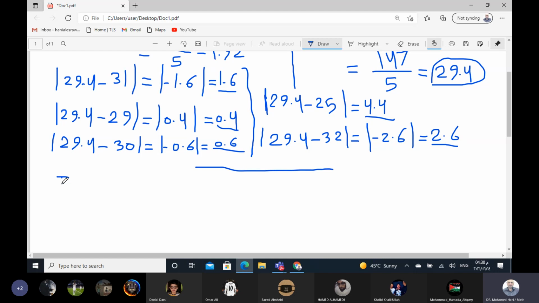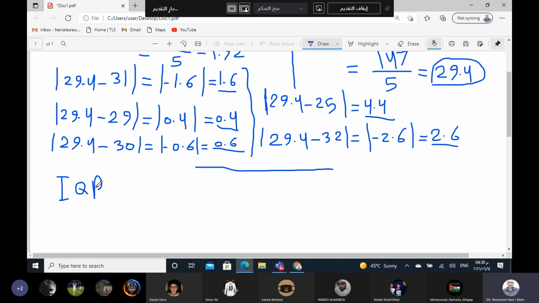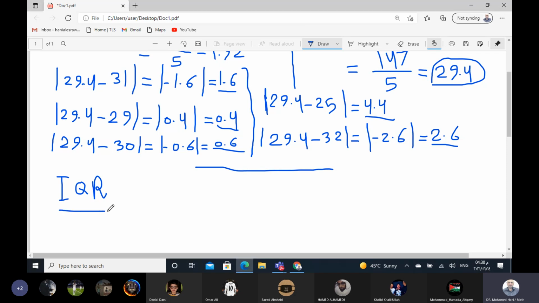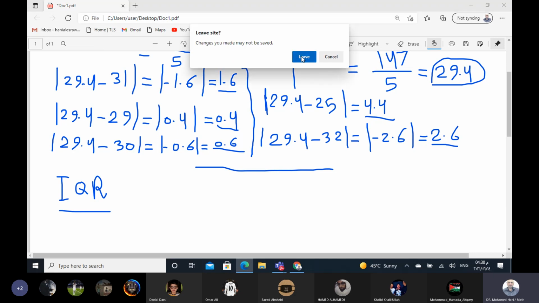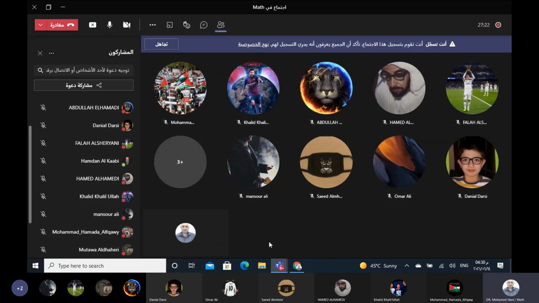The next revision, I want to start from the interquartile range, to revise the interquartile range and the box plots and whiskers. I sent the revision in the WhatsApp group and in Teams.